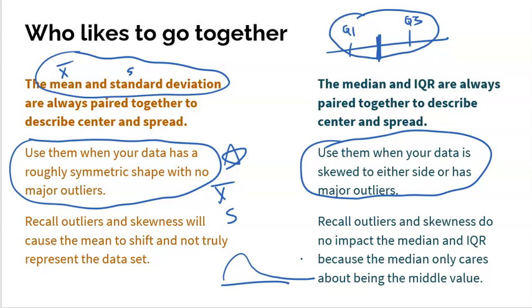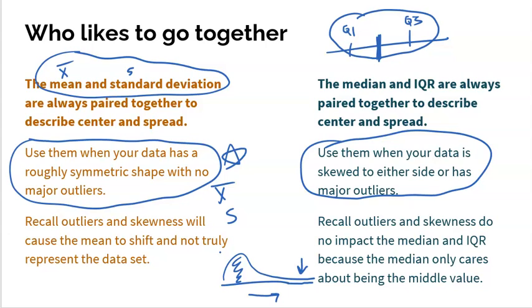Because remember, when there are some really, really big values, even if there's only a couple of them, when they do exist, they're going to pull the mean towards them. That's going to take the mean further away from the majority of the data down here, which is going to make the standard deviation big as well. And we don't like when that happens. So we do not want to use the mean and standard deviation in that scenario.